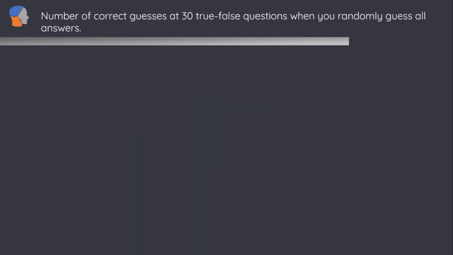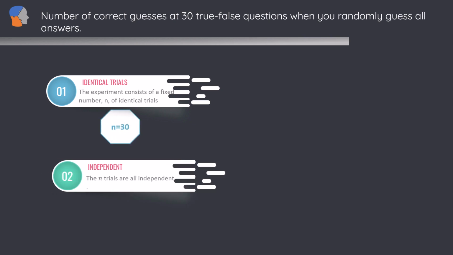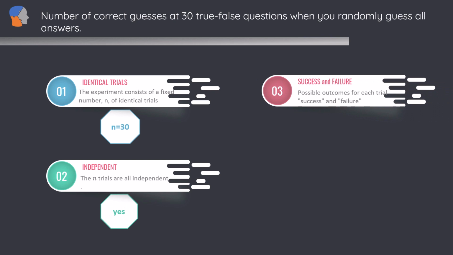Go to the next example. Number of correct guesses at 30 true-false questions when you randomly guess all answers. First one, identical trials? Yes, here n is 30. Then independent? Yes, because we are guessing answers. Therefore, the trials are independent. Success and failure? Only two outcomes. What are those?